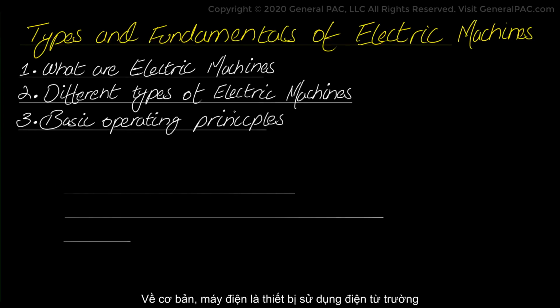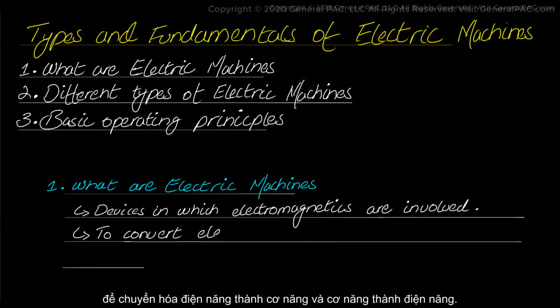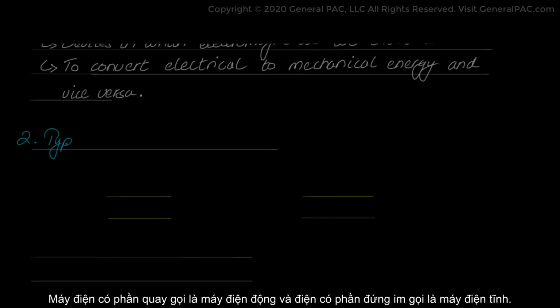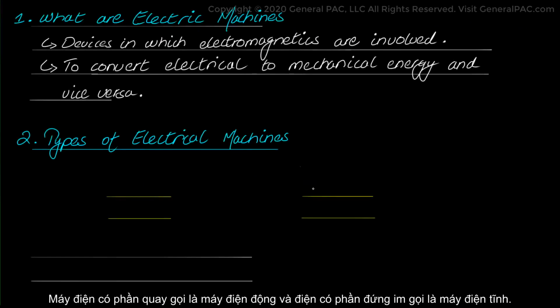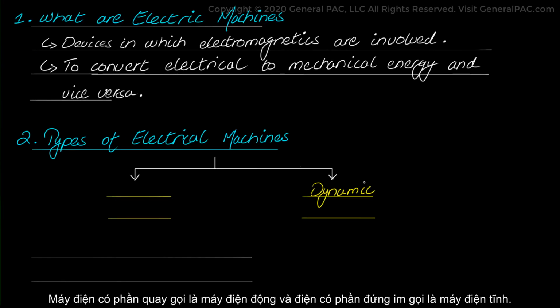In simple words, electrical machines are defined as a device in which principles of electromagnetics are involved to convert electrical energy to mechanical energy and mechanical energy to electrical energy. So the electrical machines which involve rotating parts are called dynamic machines, and those having stationary parts are called static machines, right?